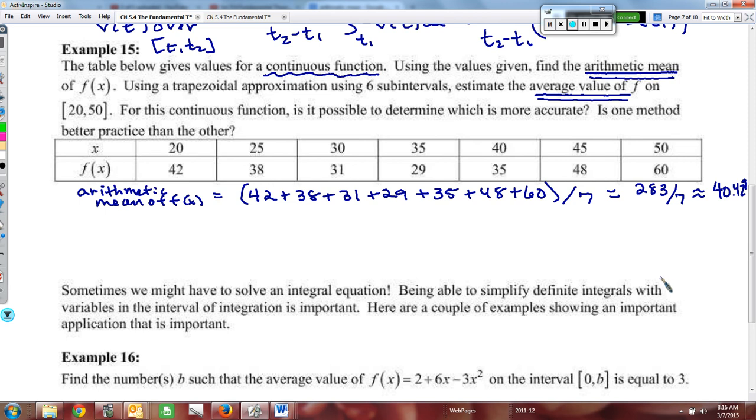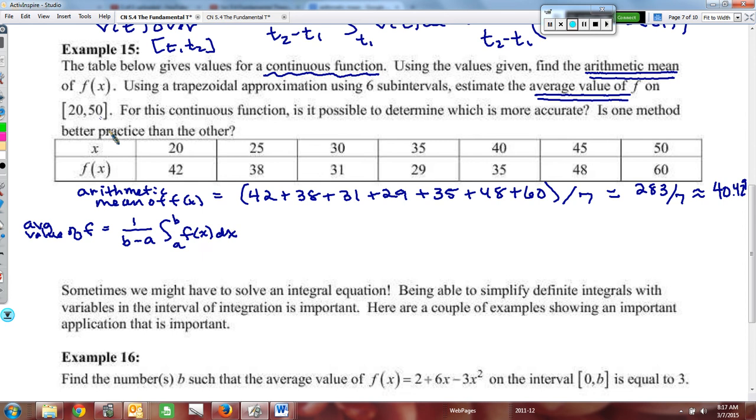All right, so now we want to use a trapezoidal approximation, which basically means, because when we're trying to find the average value of f, we know that we're going to do 1 over b minus a, the integral a to b of f of x dx.